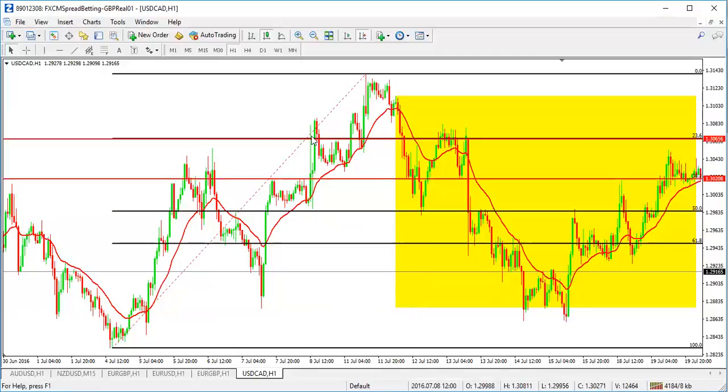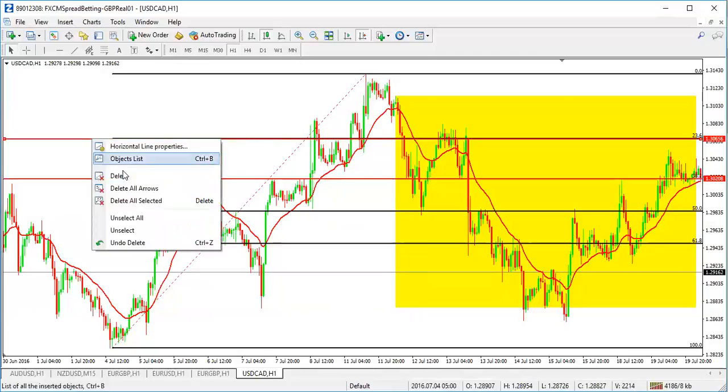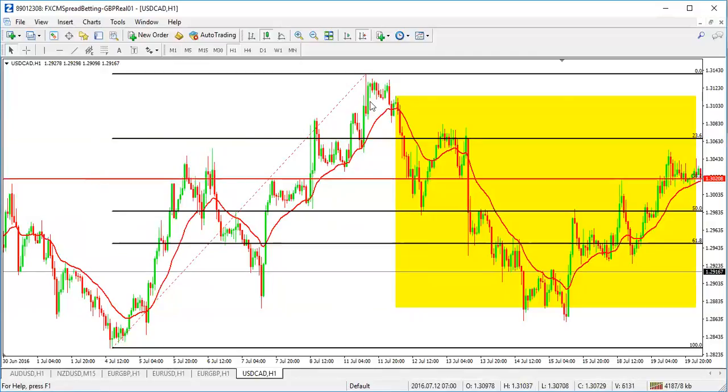So 38.2 is a level where I'd be concentrating on. Get rid of that. So I'd be expecting it to come down to this 38.2, bounce off it, form a high, because when it bounces, it normally bounces off to the next Fibonacci line as a textbook answer and comes back down. So I'd be looking at this 38.2, waiting to see what it does.